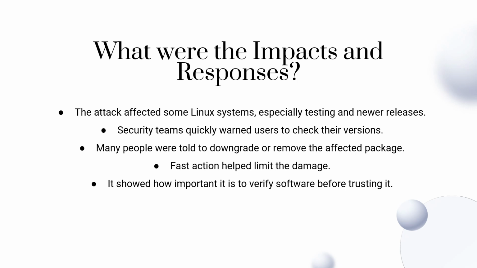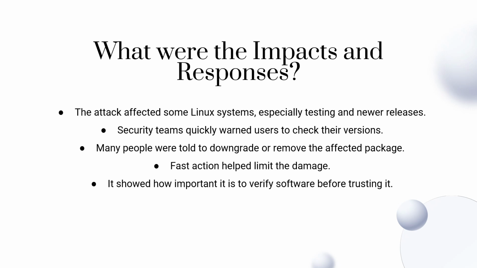And what were the impacts and responses? The affected versions were mainly seen in some Linux distributions, especially testing and newer releases. Once the issue was discovered, the security teams moved quickly to warn other users and to tell them to check their installed versions. In many cases, the advice was to downgrade to the previous version that wasn't compromised, or to replace the whole package as soon as possible, ASAP.